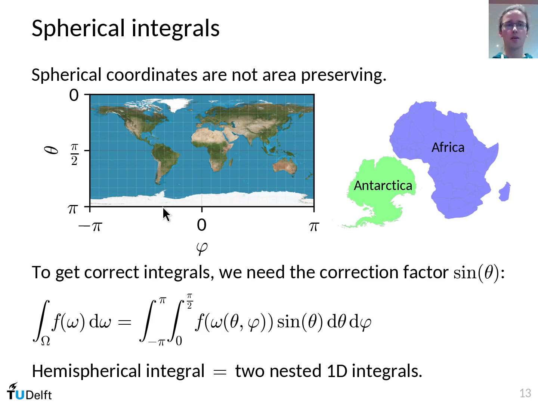This is Earth parameterized using spherical coordinates. And then what you can see is that in this image, Antarctica looks really big, and Africa compared to that looks quite small. But of course in the real world, if you put these two continents next to each other, Antarctica is quite small and Africa is quite a bit bigger.